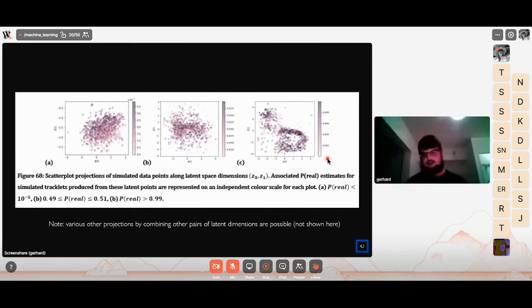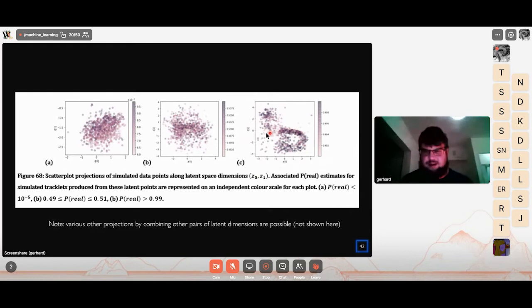So these 3 plots are basically, I think the most important one is this one over here. I simulated from everywhere in the latent space, but I had 5 latent variables. I set the 3 latter ones just to be equal to 0, so just to be somewhere in the middle.